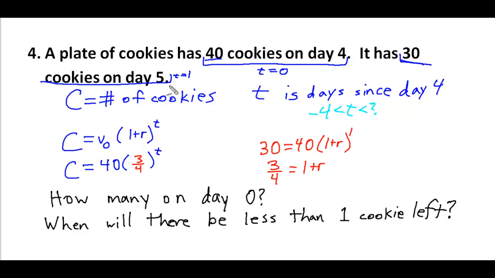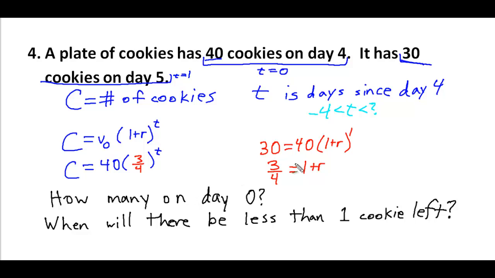Even day 6 is going to have a fractional cookie. Eventually it'll break down: how many days until there's 1 cookie left? This is going to require you using the pow and the log function and solving this equation to work it out. Day 0, well, day 4 is t equals 0, so day 0 would be t equals negative 4. So you just put in negative 4 and you can work that one out.